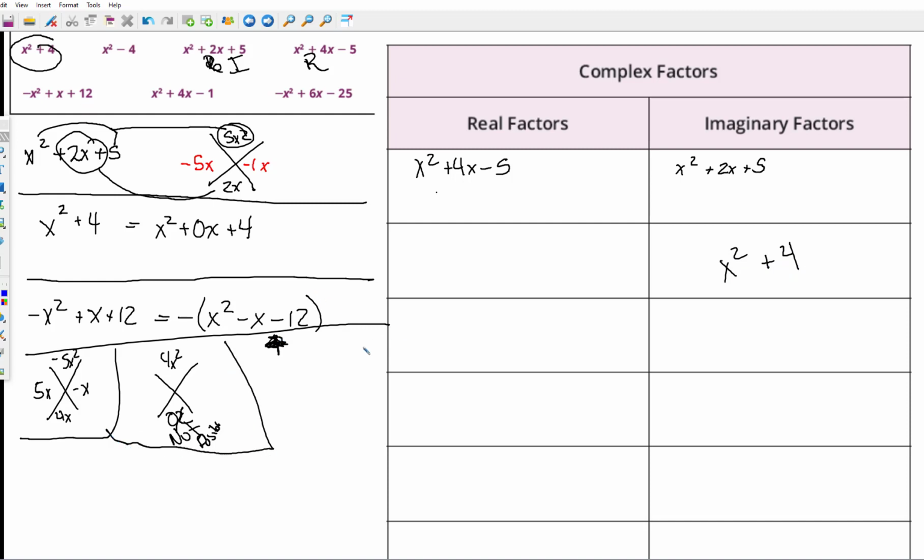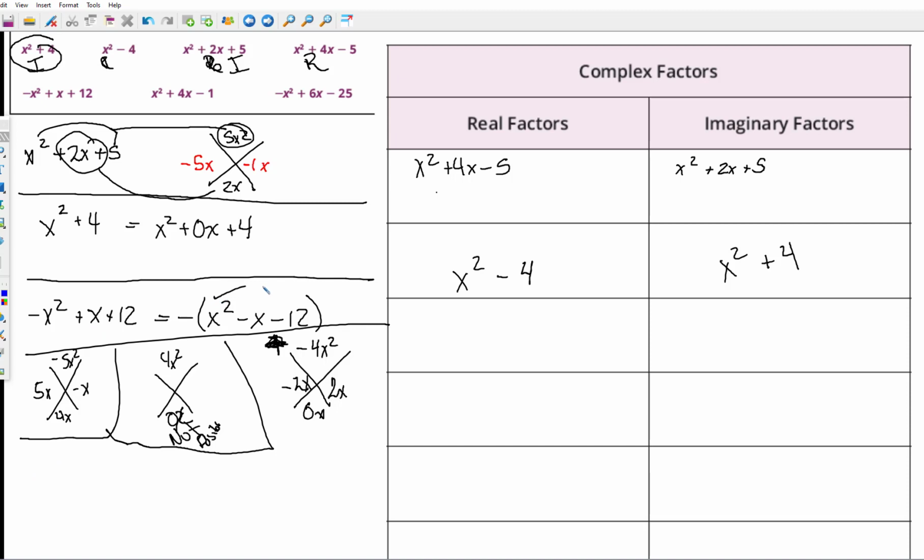What about the next one? Same idea, but this time we have a negative 4x squared and a 0x. So negative 2x and positive 2x. So is that factorable? Well, this next one, I recommend factoring out that negative like we set up here.